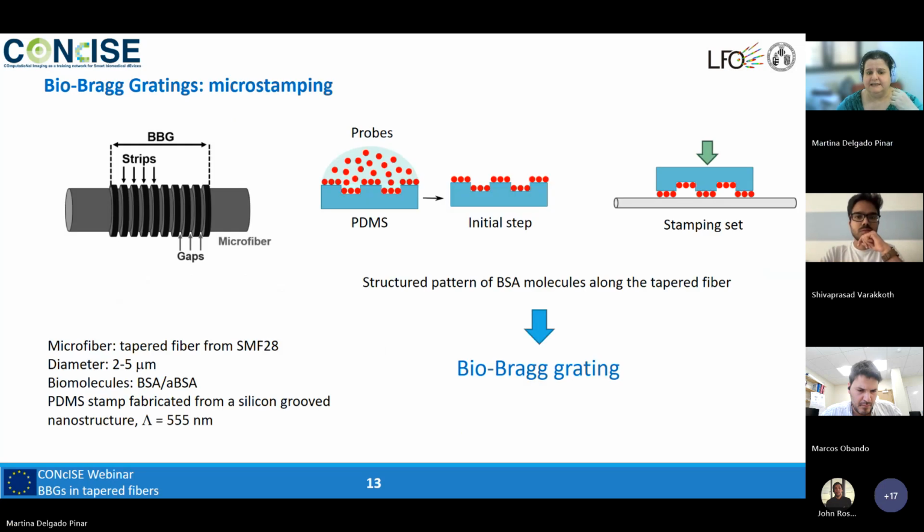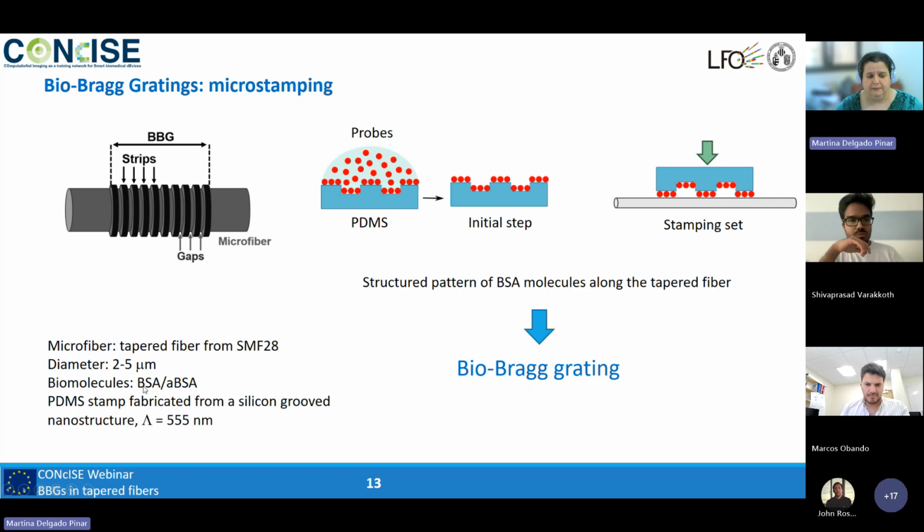A taper fiber is a fiber that has been reduced in diameter, in our case, down to 3 microns. So over the surface of this taper, we are going to set a microstructure, a pattern of biomolecules. This pattern of biomolecules will act as a fiber Bragg grating. To do so, we are going to use a PDMS stamp that we will cover with BSA molecules.